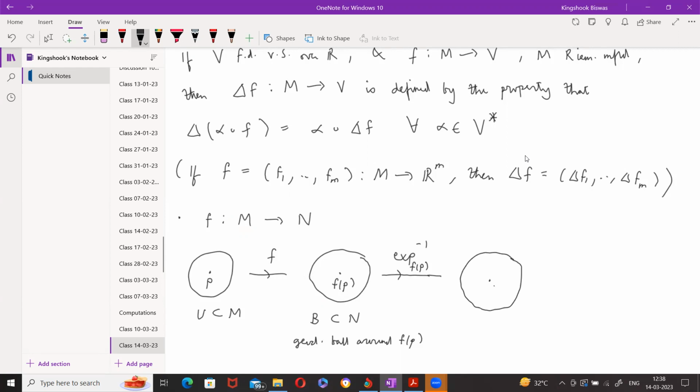So this maps into a ball, say B tilde, in the tangent space at F(P). All right. So we have this picture locally.